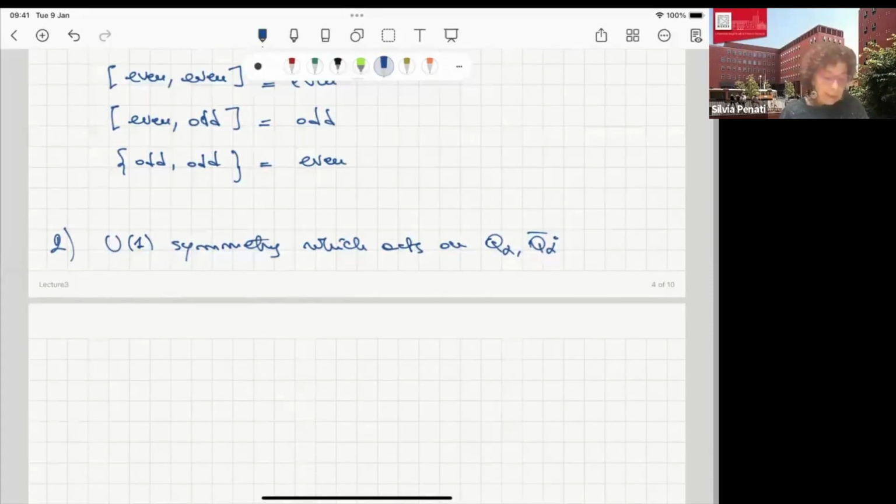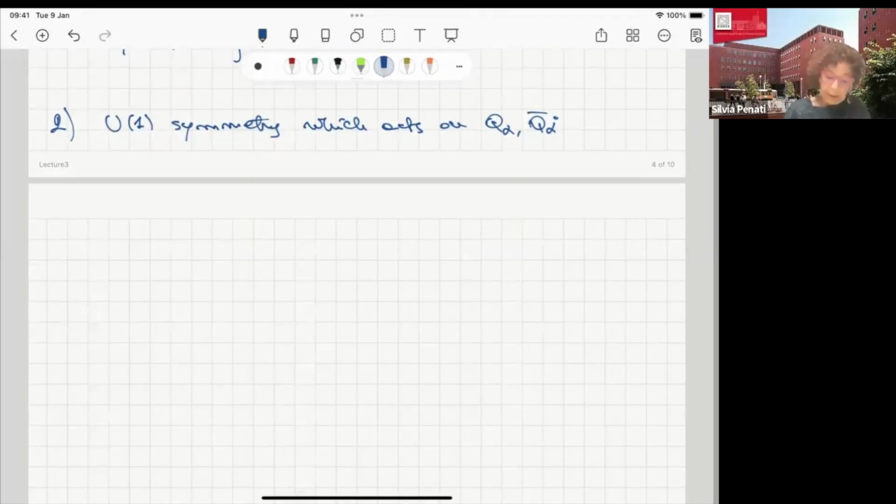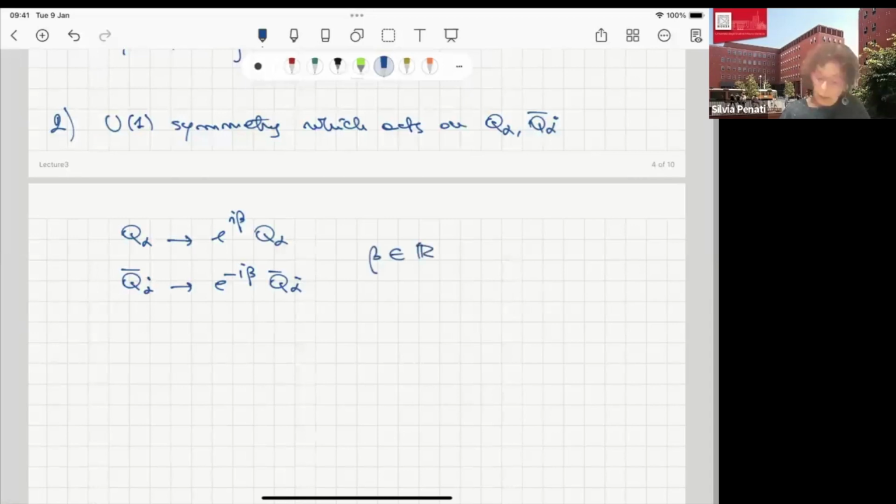So it acts directly on the supercharges, and it acts this way. If you look at the algebra above, you will realize that it is invariant if we transform Q alpha into e to the i beta Q alpha, and Q bar alpha dot into e to the minus i beta Q bar alpha dot, where beta is any real constant number.